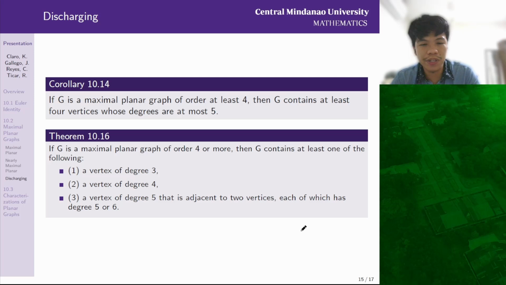It states that if G is a maximal planar graph of order 4 or greater, then G contains at least one of the following: a vertex of degree 3, a vertex of degree 4, or a vertex of degree 5 that is adjacent to two vertices, each of which has degree 5 or 6. So this is similar to 10.11 and 10.15. That is that. Thank you so much for listening.